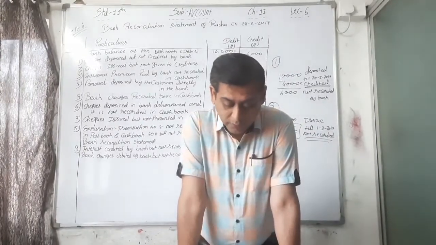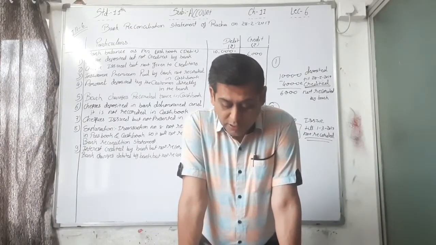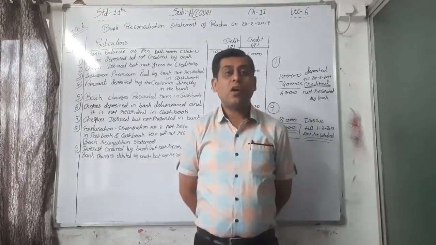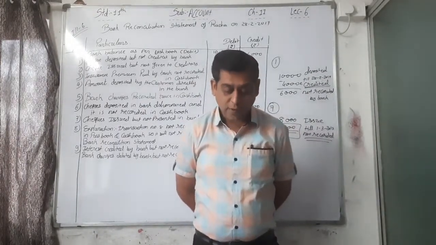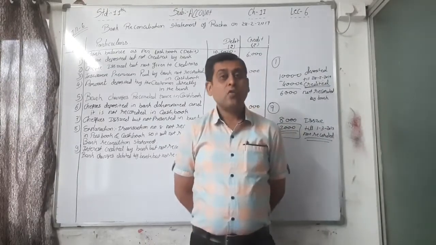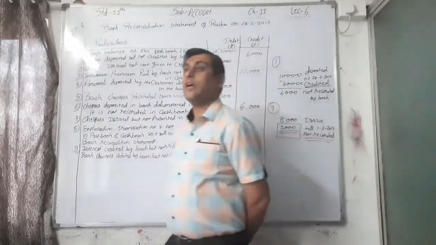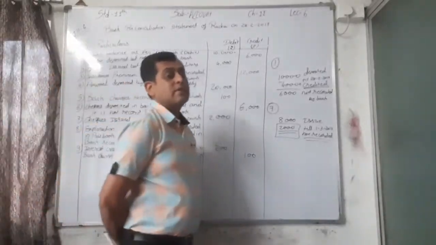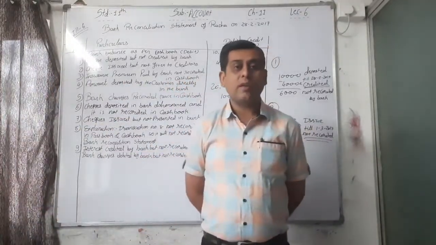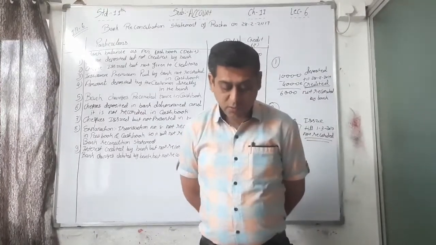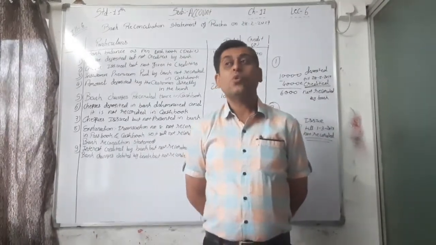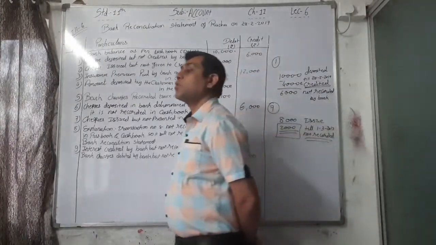Now the 10th point. Receipt side of the cash book is overcast by 4,000. Receipt side of cash book means what? Which side? Debit side or credit side? Debit side of the cash book. That's why debit side is overcast, so opposite side. The rule is there: overcast, opposite side.